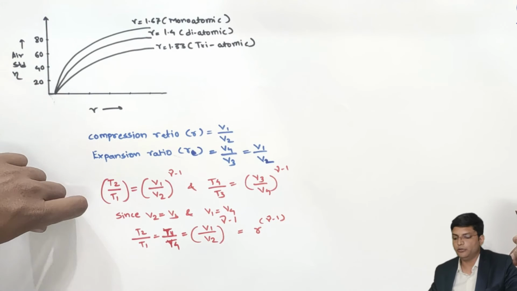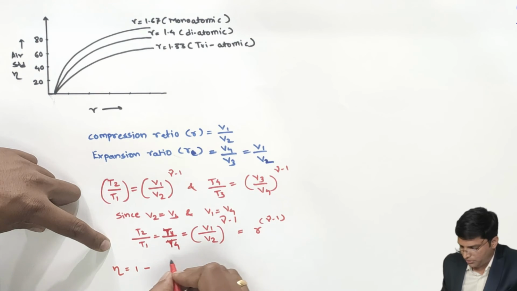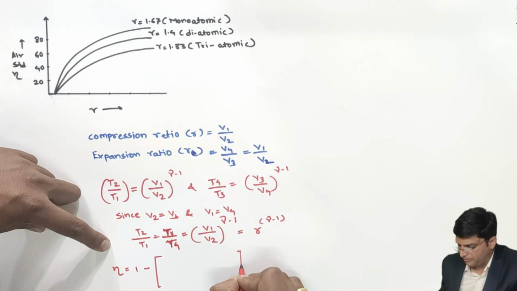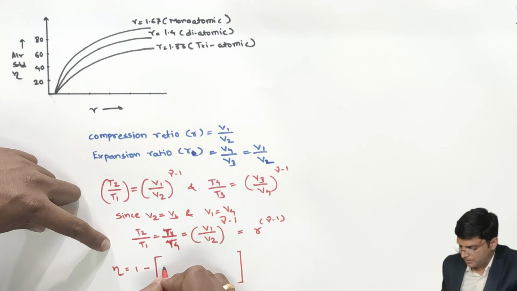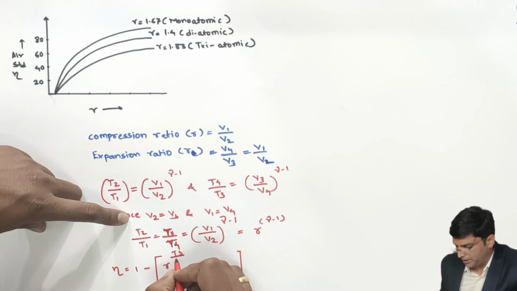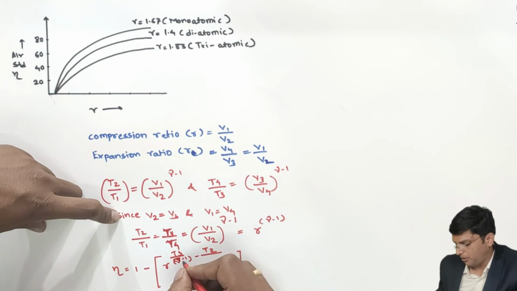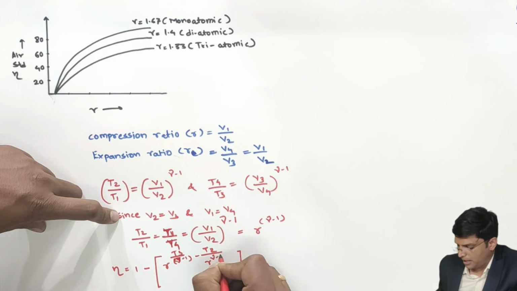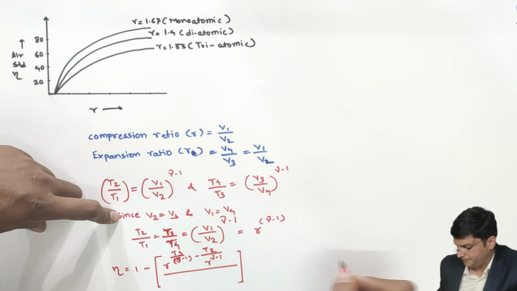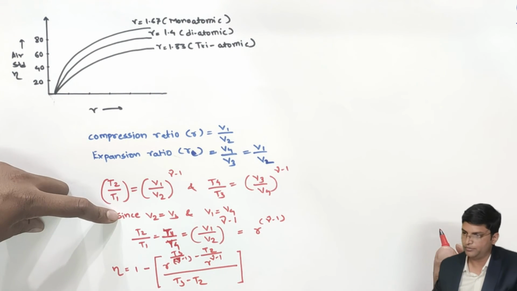Now putting these values in the thermal efficiency formula, we get efficiency is equal to 1 minus a big bracket, (T3 upon r raised to gamma minus 1 minus T2 upon r raised to gamma minus 1) divided by (T3 minus T2).